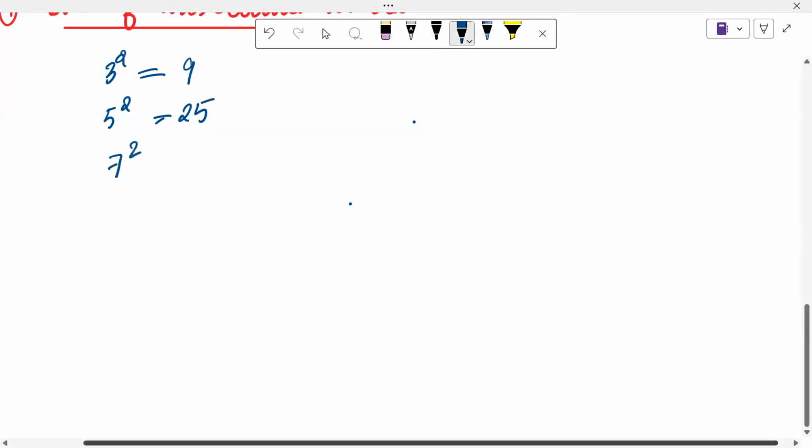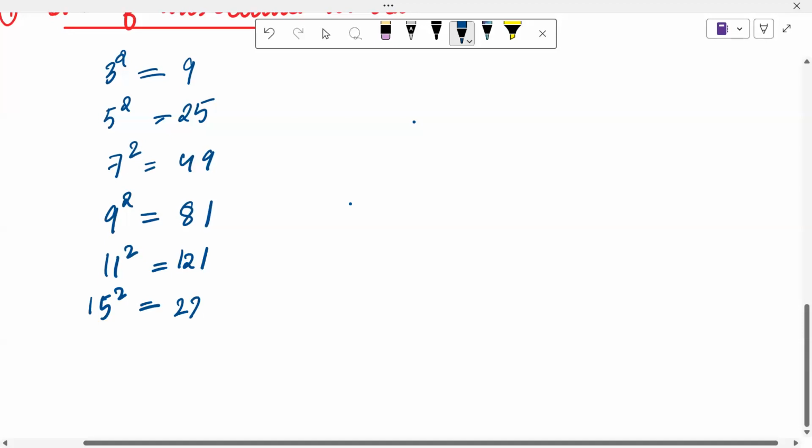Then 7 square is 49. Then 9 square is 81. 11 square is 121. And 15 square is 225. Okay, now listen very carefully.